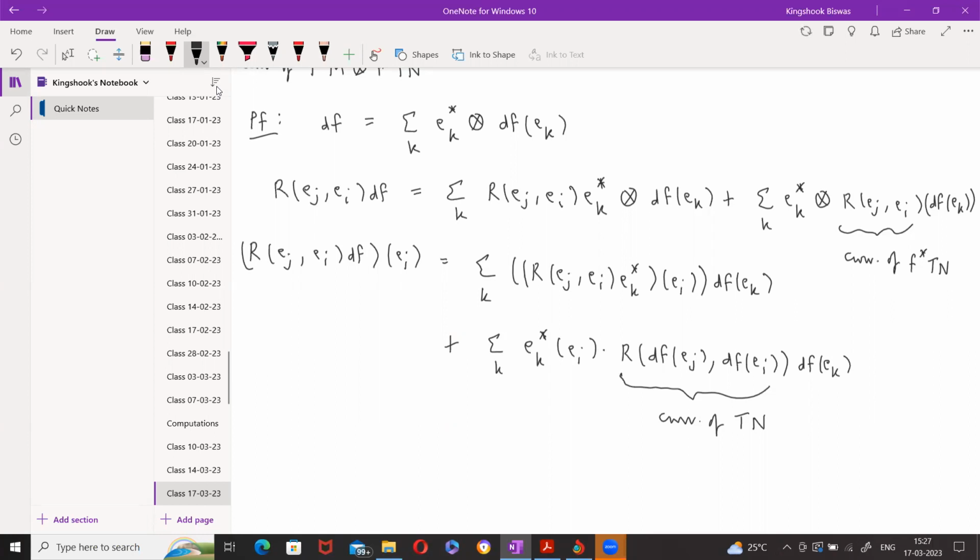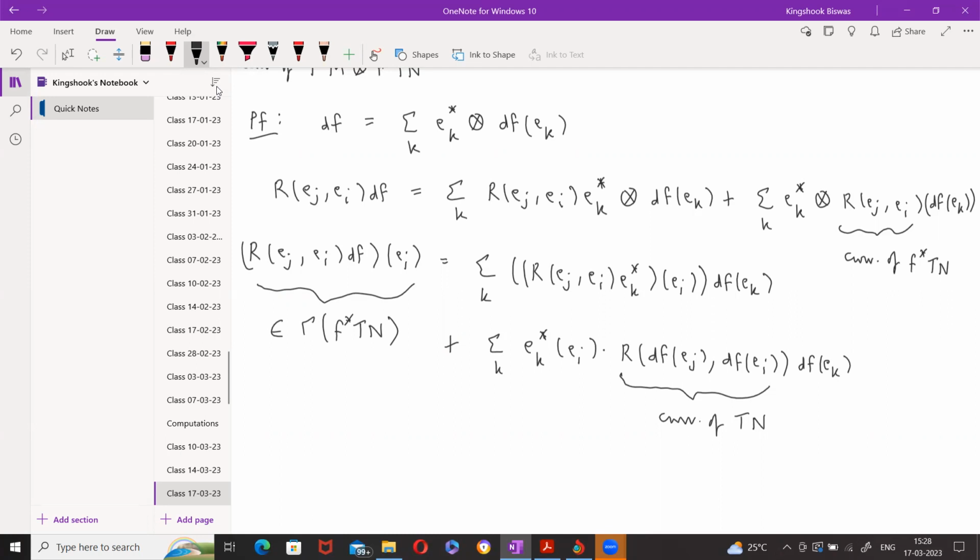Yes, it is a section of F star TN. Without the E_I, it's a section of T star M tensor F star TN, and then the T star M component acts on the E_I. So that becomes a scalar, then it becomes a section of F star TN. Okay.